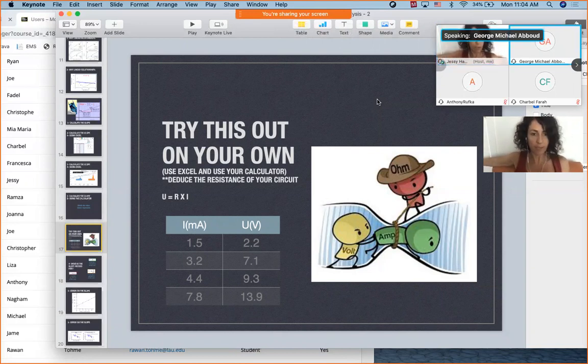Okay, perfect. And let's say I take you to be my x-axis and I to be my y-axis. Do you think you will have any change? So the slope will not be the resistance anymore. What will it be?